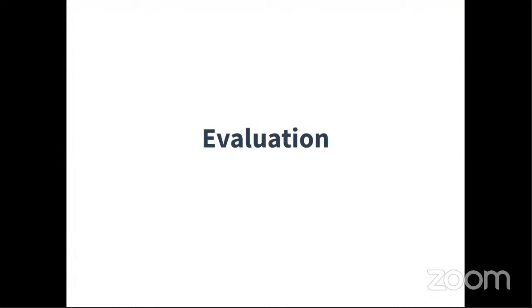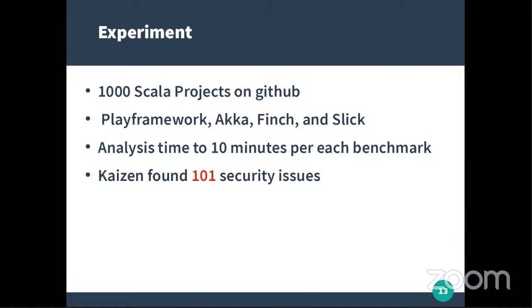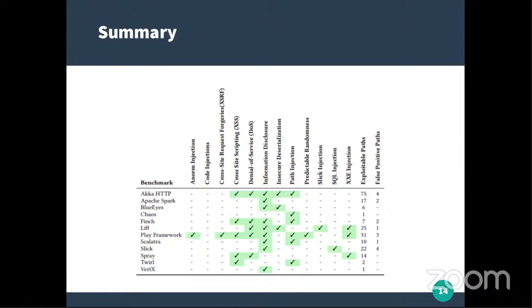In this part, I will show you the evaluation results. To provide a real-world evaluation, we collected a benchmark suite including 1,000 open source Scala projects available on GitHub. Our benchmark suite includes popular Scala projects such as Play Framework, Akka, Finch, and Slick. We restricted our analysis time to only 10 minutes per benchmark.